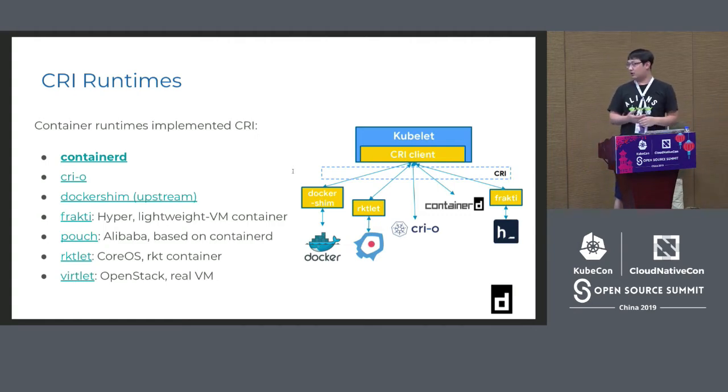Some people in the community would like to remove this, so in the future we'll use CRI to do integration. There are also Rktlet, the precursor of Kata, Frakti and Pouch from Alibaba, and Rocket, Virtlet, etc.